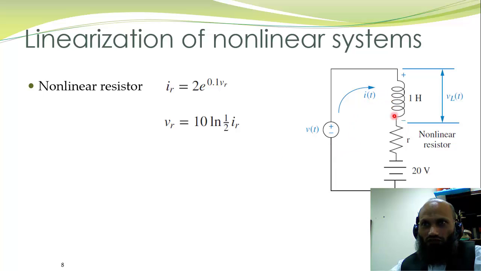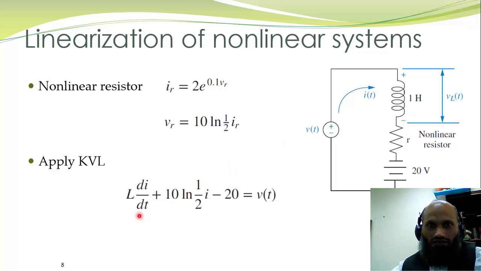The mathematical model for this electrical system can be quite easily obtained by applying Kirchhoff's voltage law. That is, sum of voltage drops is equal to sum of voltage rises. This is the voltage drop across this inductor, voltage drop across this nonlinear resistor, and then voltage rise, and this voltage rise written on the right hand side.